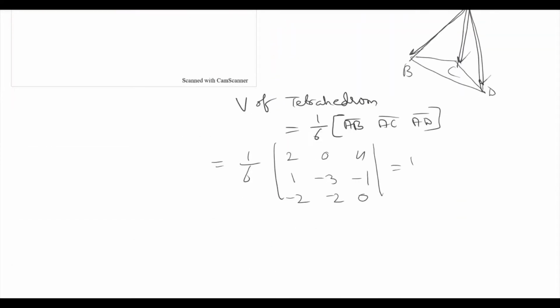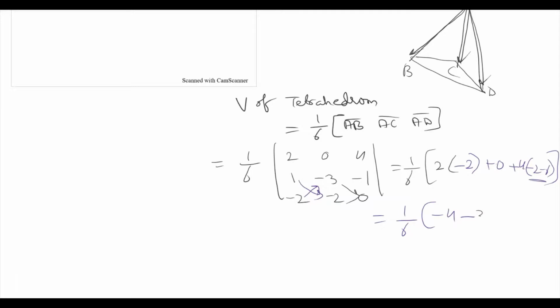That equals 1 by 6 of 2 into, this is 0 into 3 is 0, minus 2 plus 0 plus 4 into minus 2 minus 6, so 1 by 6 of minus 4 minus, this is 8 into 4 is 32, that equals 36 by 6.